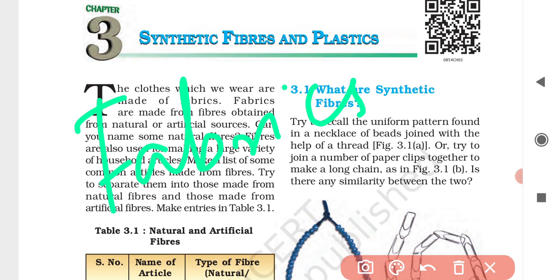So fabrics means cloth. That means fibers are used to make fabrics, and fabric is made by weaving or knitting long twisted threads called yarns, which are themselves made from fibers. Therefore the clothes which we wear are made up of fabrics, and these fabrics are made from fibers obtained from natural or artificial sources.